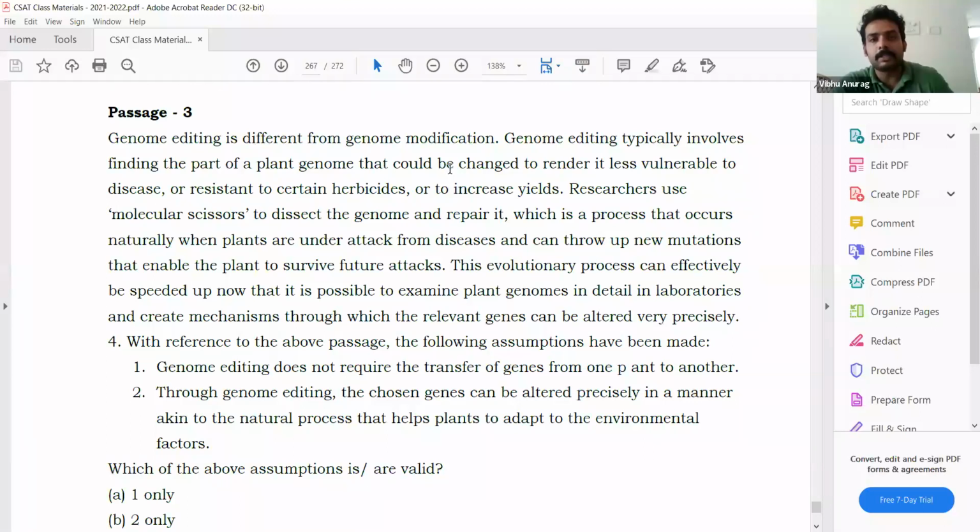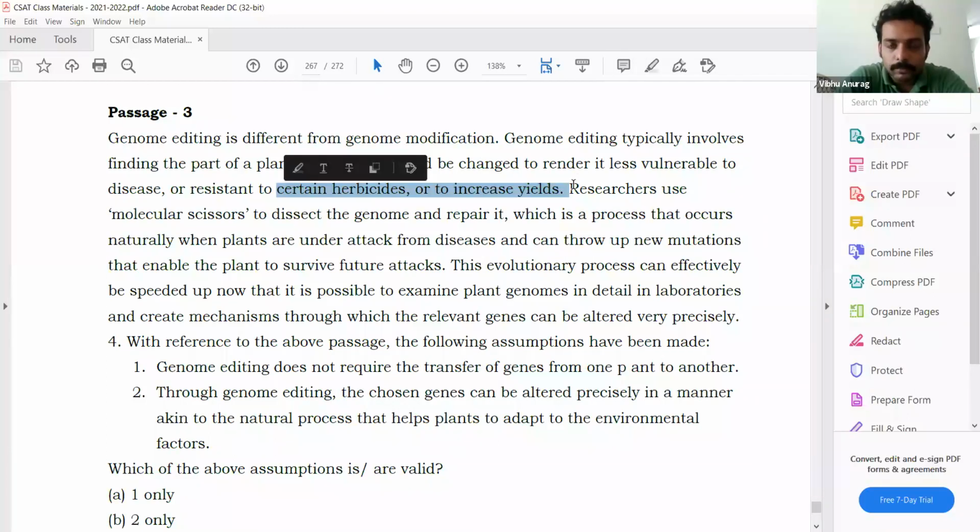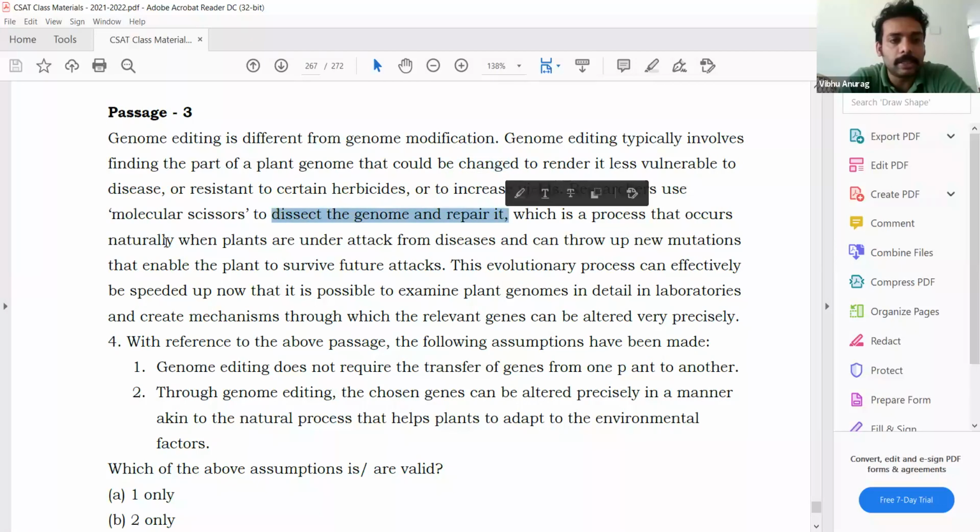So for these purposes, you change a part of the plant, and that is called genome editing. Researchers use molecular scissors to dissect the genome and repair it, which is a process that occurs naturally when plants are under attack from diseases and can throw up new mutations that enable the plant to survive future attacks.